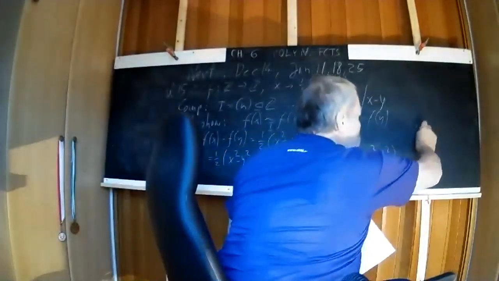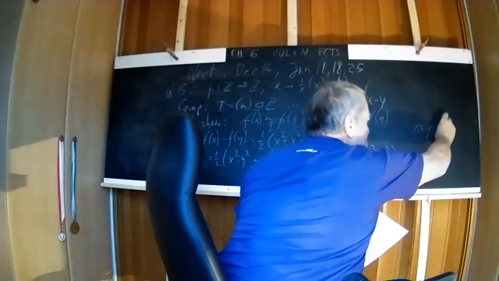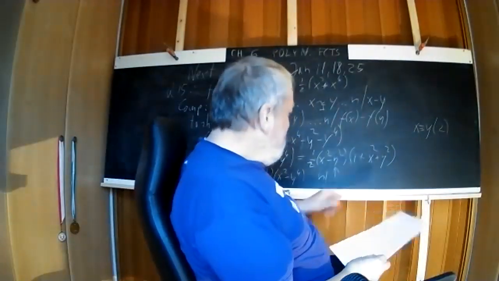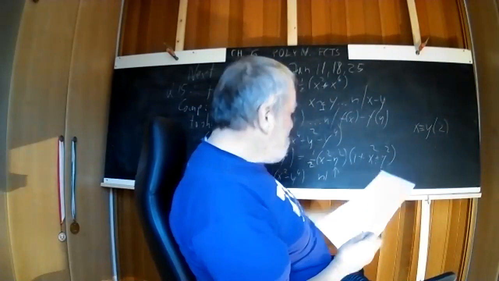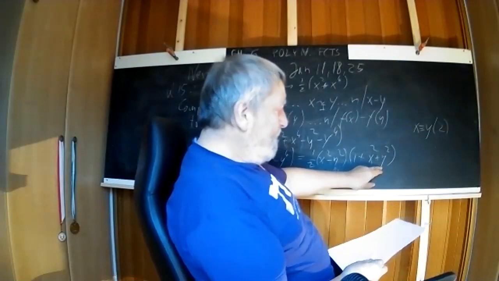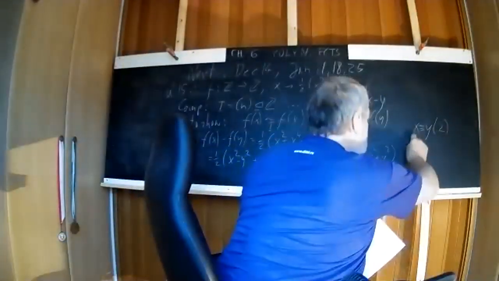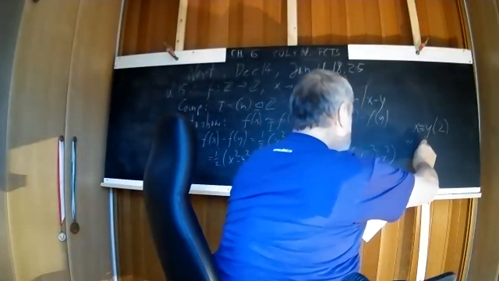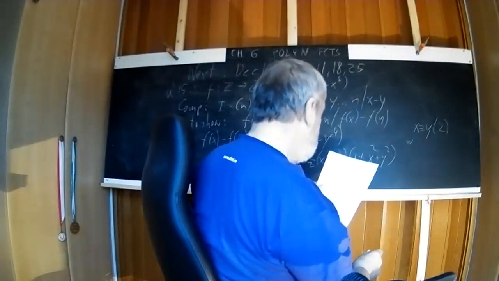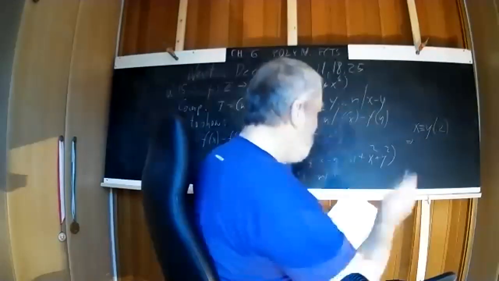If x is congruent to y modulo 2, then it means that x squared plus y squared is even. Either they are both even or both odd. So in this case, I'm sorry.